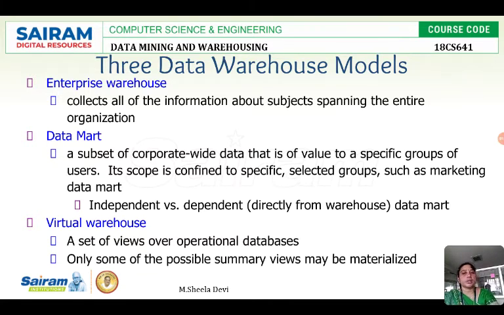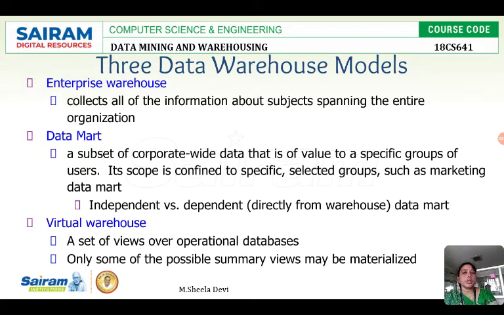How is the data mart created? It can be divided into two types: one is the independent data mart and the other is the dependent data mart. In the independent data mart, we collect the data from different or multiple heterogeneous sources, whereas in the dependent data mart we collect the data from the enterprise warehouse, the warehouse of the particular organization.